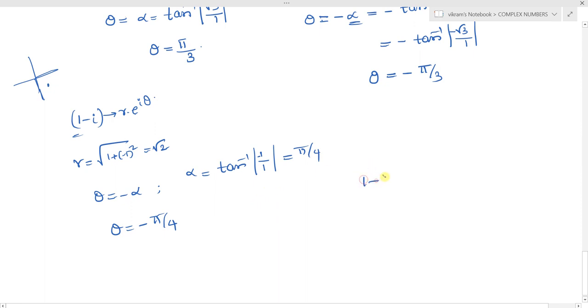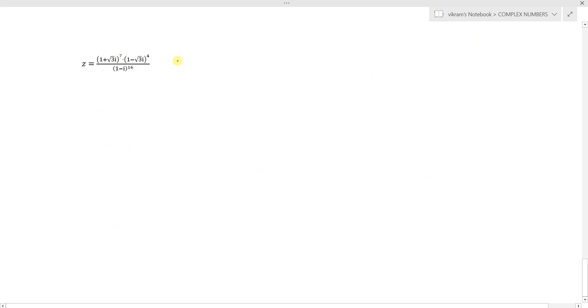Then we can write 1 minus i equals root 2 into e power minus i pi by 4. Okay, root 2 into e power minus i pi by 4. So now we have represented every complex number in Euler's form.